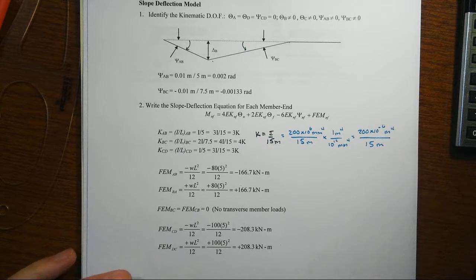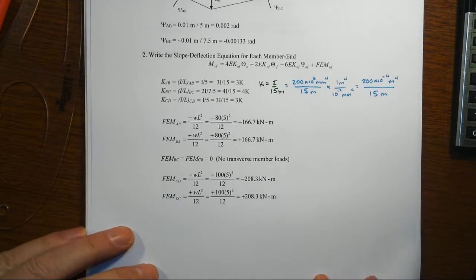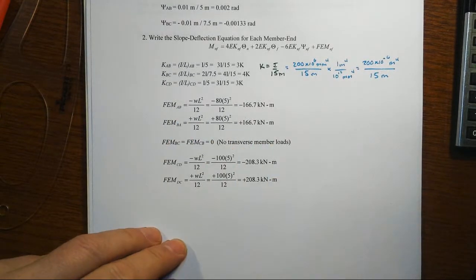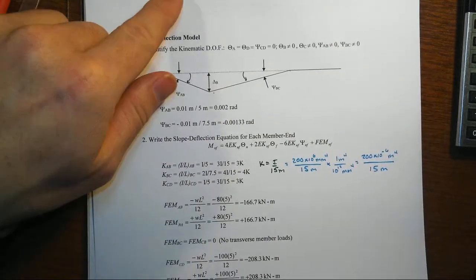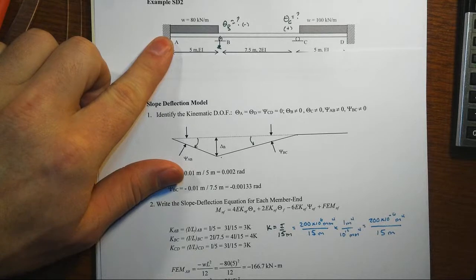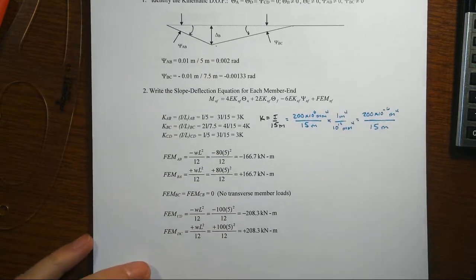What I'm really setting up is kilonewton meters for a calculation. I'm going there because we're going to come along and get the fixed end moments. Now again, recall that we had distributed loads all the way across the entire span. So we look up the equation for those fixed end moments.